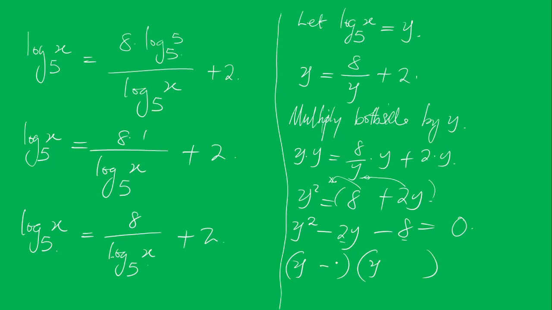The factors are minus 4 and plus 2. So now you have y minus 4 is equal to 0, or y plus 2 is equal to 0.